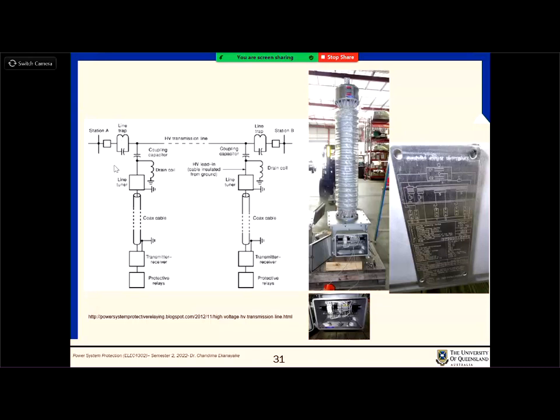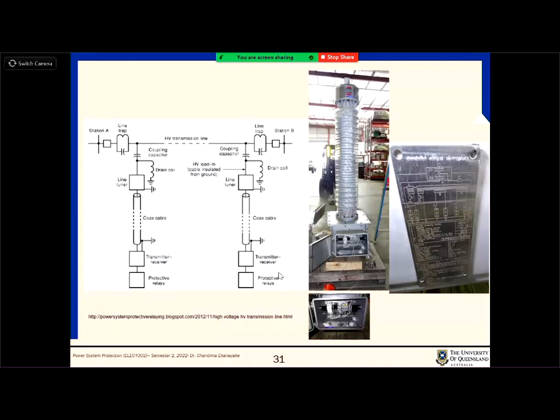A line trap is some sort of impedance which stops the higher frequencies, right? Especially the frequency that you are feeding here. And then you need the same sort of setup at this end, right? And then the signal flows through this, and you can collect that signal through the CT or the CVT at the other end of the line.